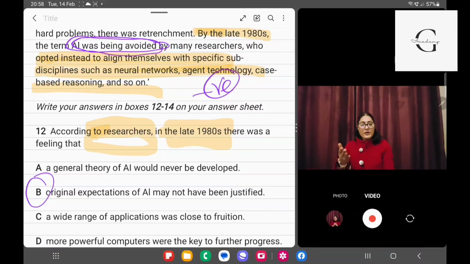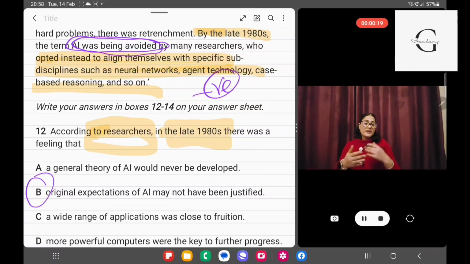They have just talked about how by the late 1980s, the term AI was being avoided by many researchers. So they have used the word avoided by many researchers, and they have not used the word justified. So the synonym for not justified they have used is AI was being avoided by many researchers. So if it is avoided, it means it was not being justified by the researchers. Yeah. So let's do another one.